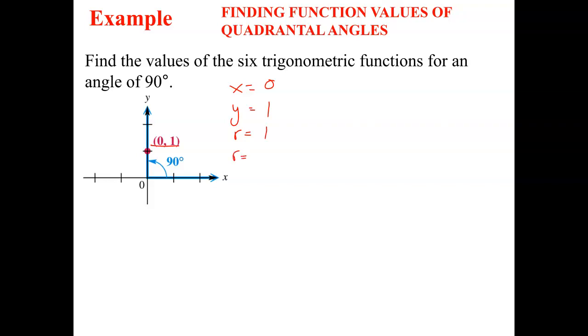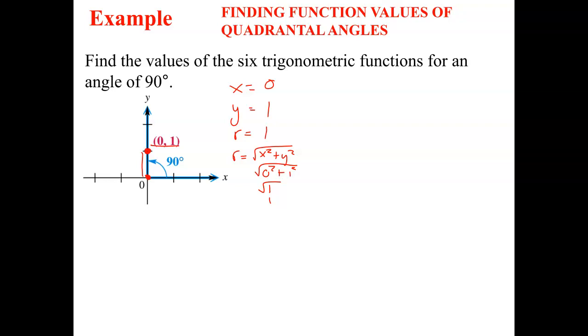Radius is the square root of x squared plus y squared, 0 squared plus 1 squared, the square root of 1 is 1. But also we can even think of it in simpler terms. Radius measures distance from center. If I'm going straight up the y-axis, how far are those 2 points from each other? 1. Okay? So there's my radius.